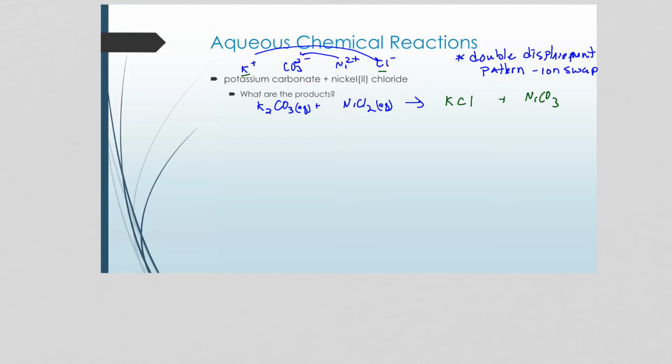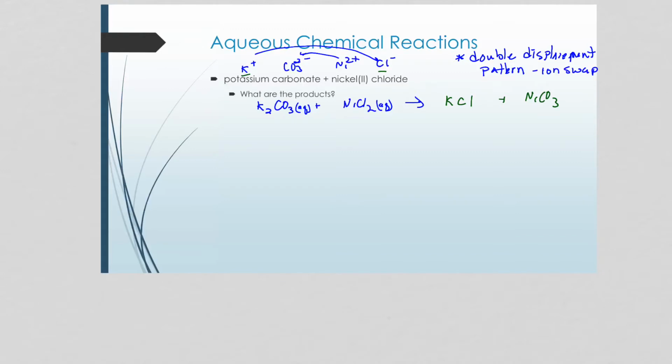Now, one of the things that we don't know though, and this is where my solubility rules come into play, is I don't know whether these products are soluble in water. So in other words, I don't know if they're going to be aqueous, if they're going to dissolve. But before I jump to my solubility rules, let's balance this equation first, because now that we know everything that's there, we can balance it.